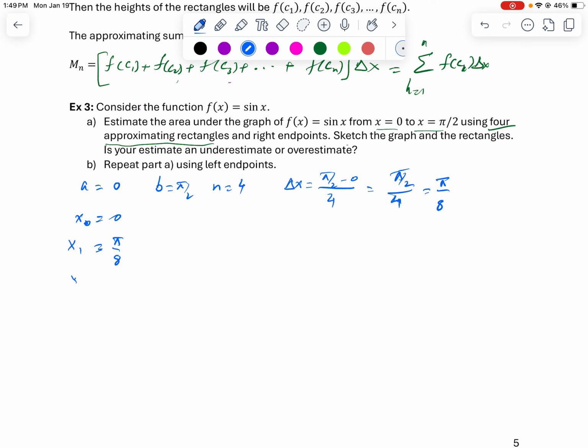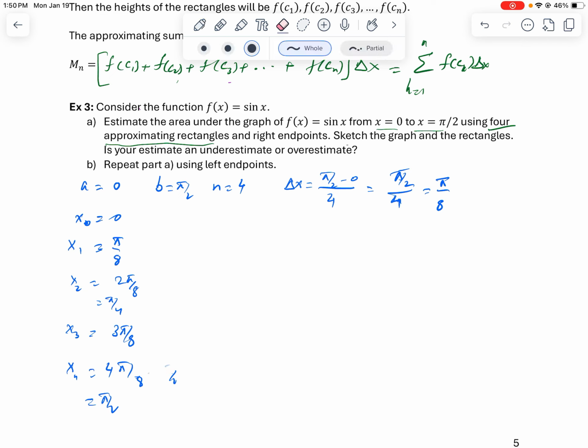So x sub 2 will be 2 pi over 8 or pi over 4. X sub 3 will be 3 pi over 8. X sub 4 will be 4 pi over 8, which is pi over 2, because it is actually x sub n. Since n is equal to 4, this is the same thing as x sub n.